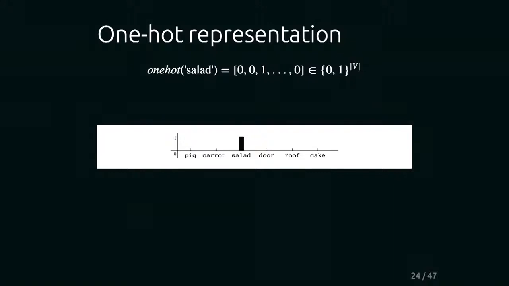So the natural way to find a numerical vector representation for those symbols is to use the one-hot representation, one-hot encoding. So if you want to encode the symbol salad, for instance, what you can do is take all the words in the English language in the dictionary and assign them a specific dimension.